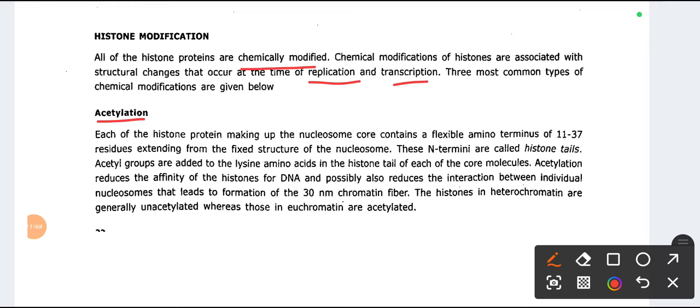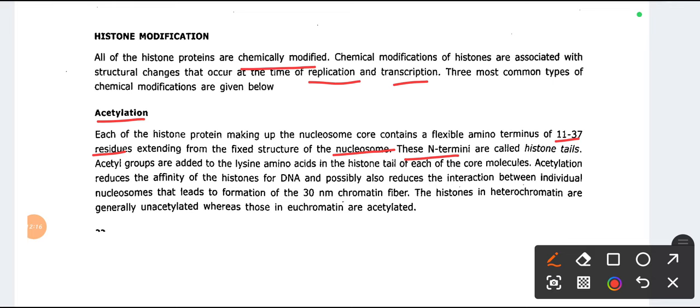Each histone protein which makes up the nucleosome core contains a flexible amino terminus of 11 to 37 residues extending from the fixed structure of the nucleosome.